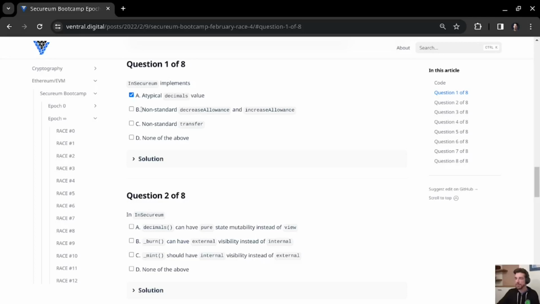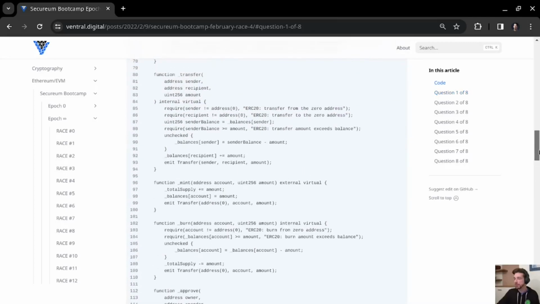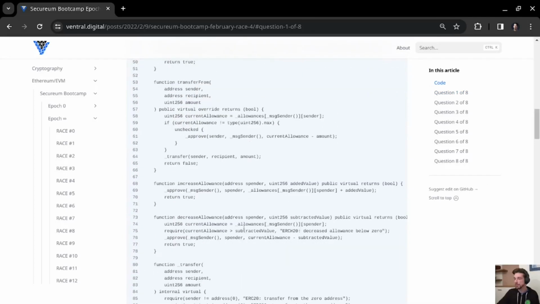Then we have B, which says that it implements non-standard decrease allowance and increase allowance functions. And if we see here, yes, indeed, it implements two functions, increase allowance and decrease allowance. And these are indeed not standard.